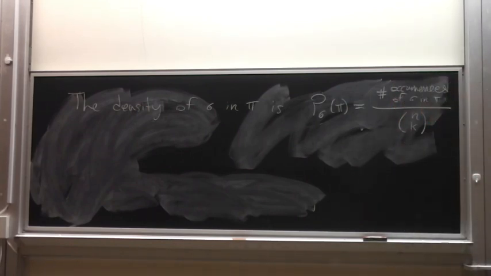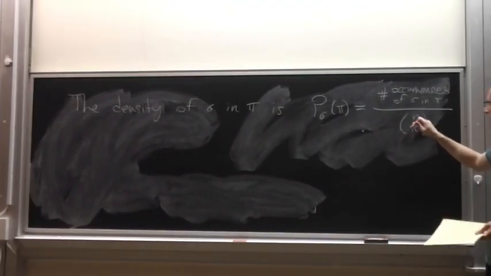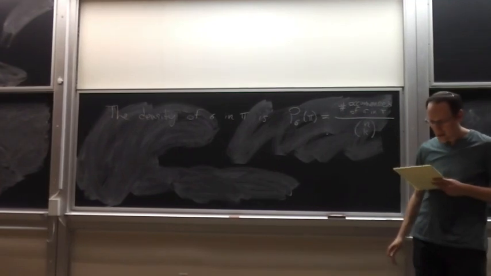Why n choose k? Because n choose k is the maximum: that's the total number of k-tuples in a permutation of size n.